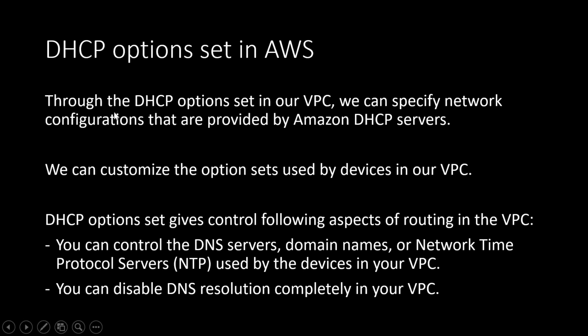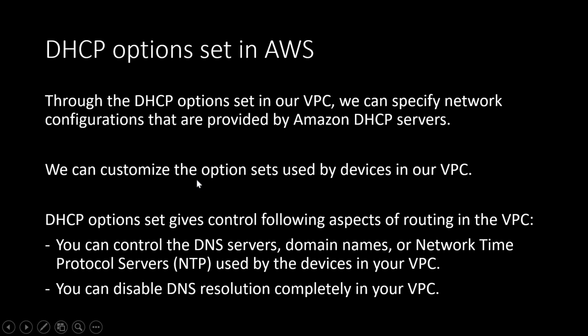Through the DHCP options set in our VPC, we can specify network configurations that are provided by Amazon DHCP servers. We can customize the option sets used by devices in our VPC, or the EC2 instances that we create in our VPC.